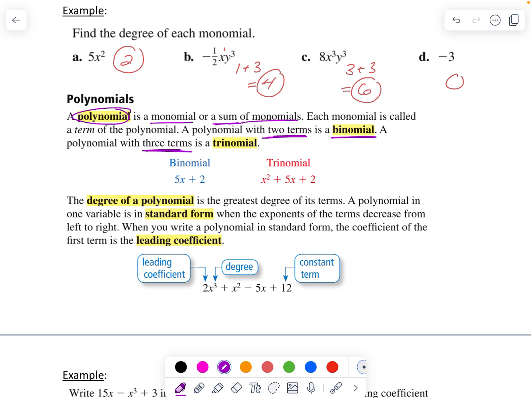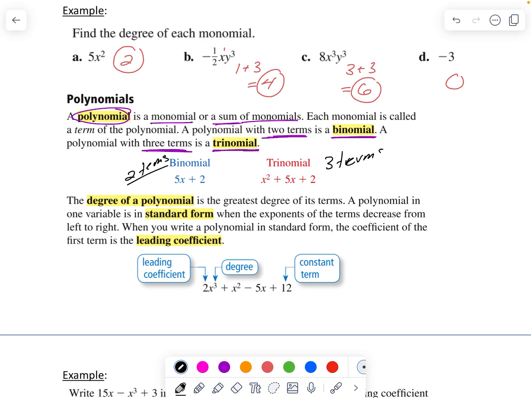And if it has 3 terms, it's called a trinomial. Otherwise, we just say polynomial. We could talk about the number of terms. We could say a 5-term polynomial. But like I said, binomial, 2 terms, and trinomial, 3 terms.